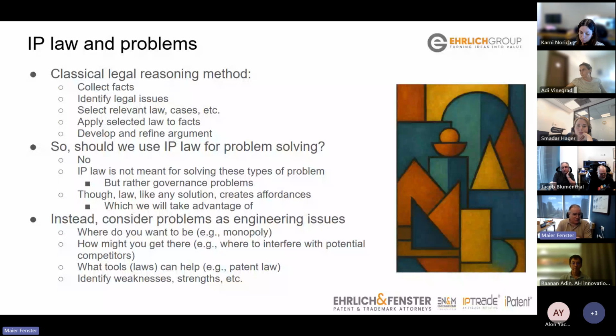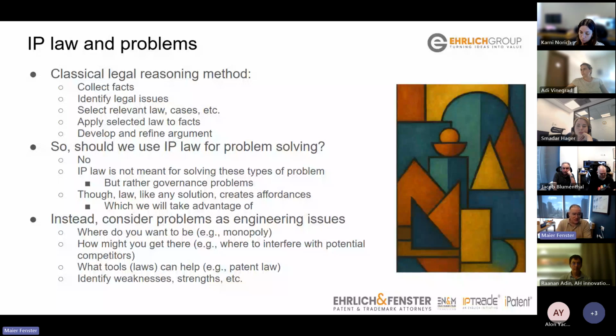You collect the facts, you identify legal issues, you select the relevant law, you apply the law to the facts, and then you improve whatever it is that you made. Should we use IP law for problem solving? I say no. IP law is meant to solve a problem, but not the type of problems that startups have.